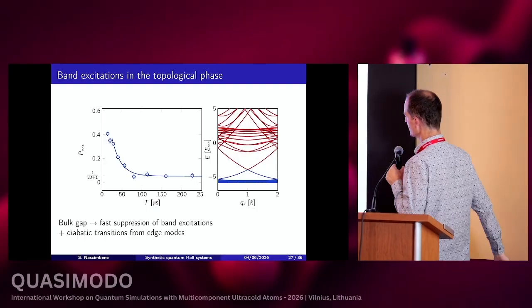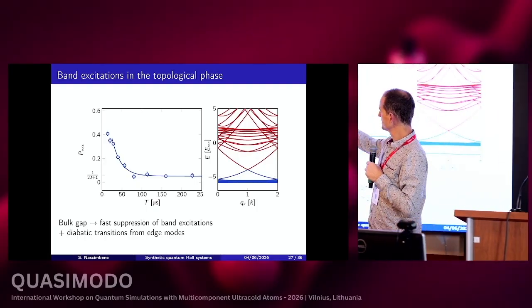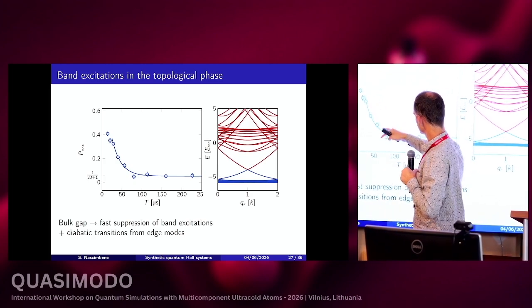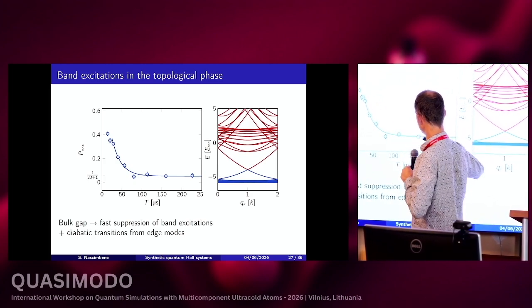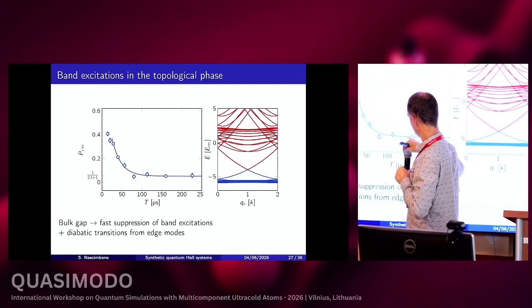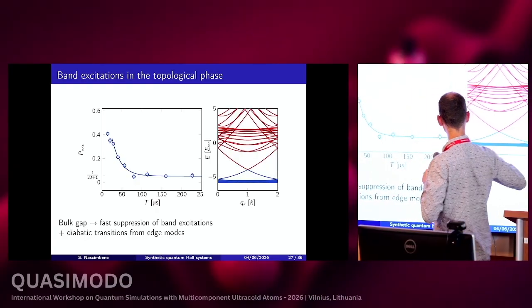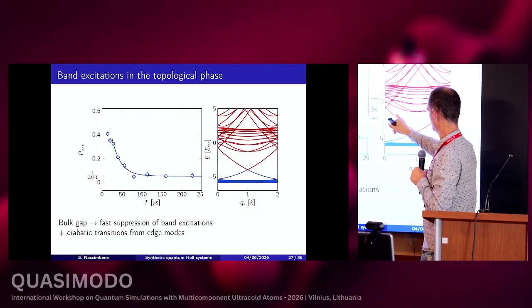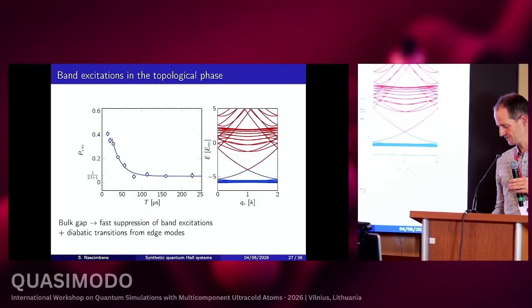So when you look at the excitation to higher bands, there is a Landau-Zener decay, but towards a non-zero value, which is due to the fact that when we make a Bloch oscillation, we have to be diabatic along these edge modes.